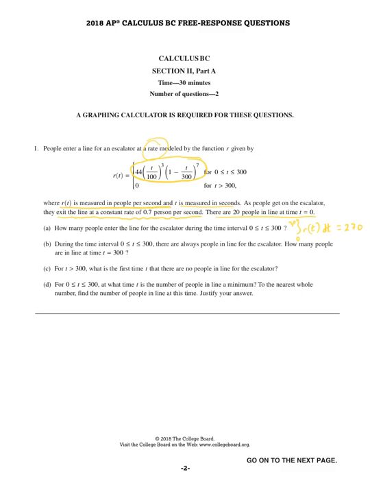So what we have is 20 is the initial amount plus the number of people that enter. So that's going to be from 0 to 300 because we want to know how many people are in line at time 300. That would be the integral of R of t dt minus 0.7 times 300.